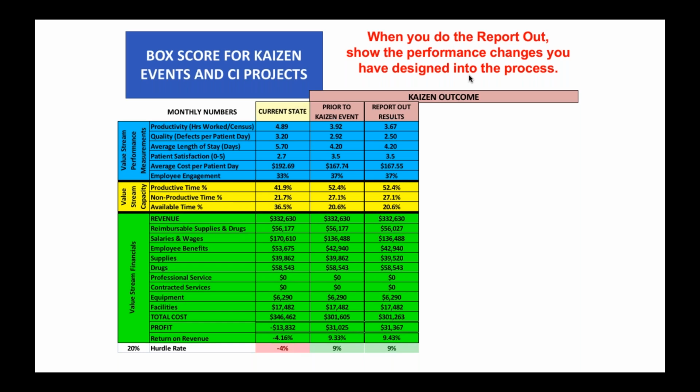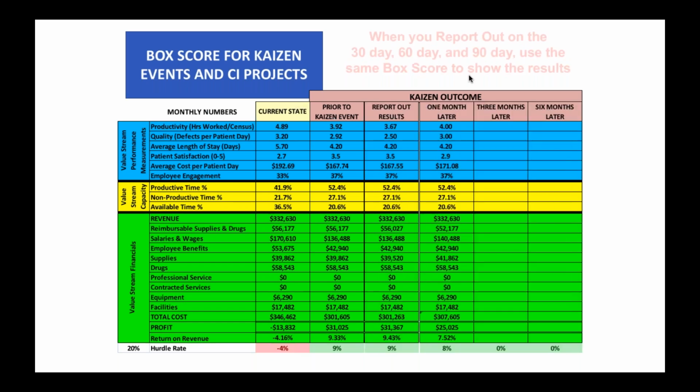Now, even though you finish the Kaizen event, you want to closely monitor whether the improvements have been sustained. So that's the idea behind a 30, 60, 90-day report out, where the team will use the actual box score in the value stream and compare it to what we thought was going to happen based on the report out.